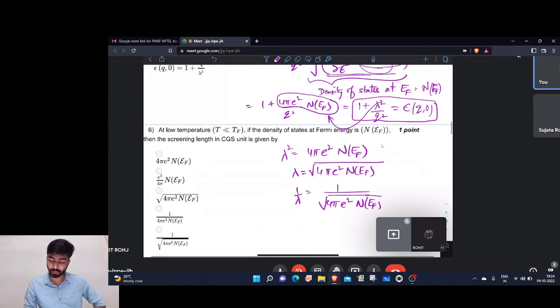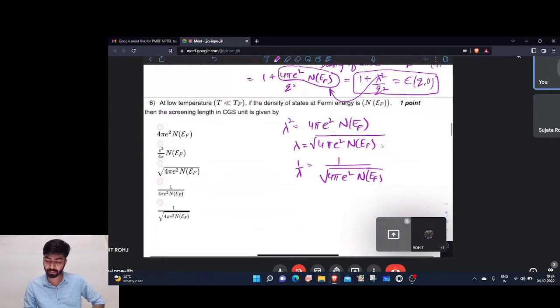Now in the next question number 6, it says that if the density of states at Fermi energy is N of EF, then the screening length in CGS units is given by, screening length means 1 by lambda, 1 divided by the square root of 4 pi e square N of EF. So the option would be 1 divided by the square root of 4 pi e square N of EF.